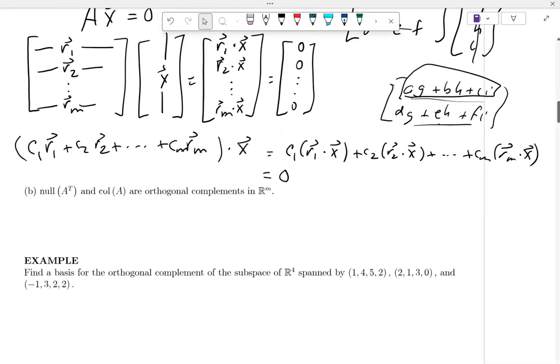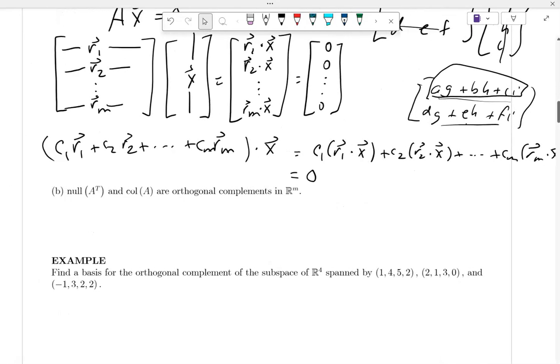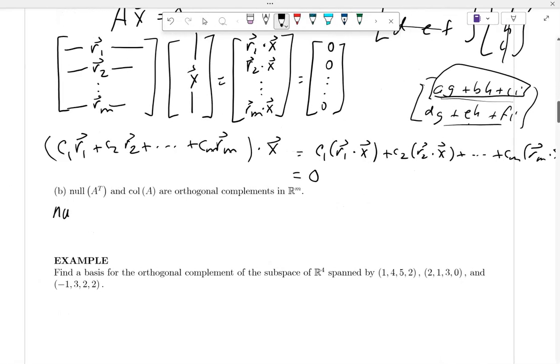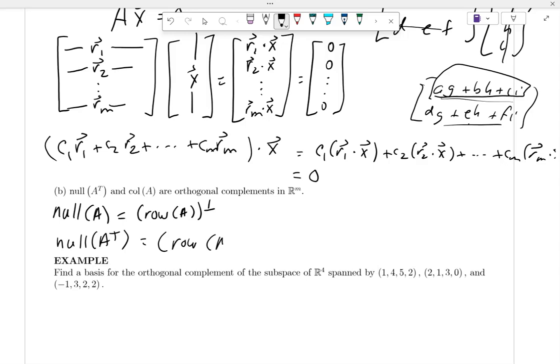So let's think about it this way. We just said a second ago that the null space of A is the orthogonal complement of the row space. I'll write it with notation this way, right? You agree with that? So if I replace A with A transpose, I would have the row space of A transpose complement, right?